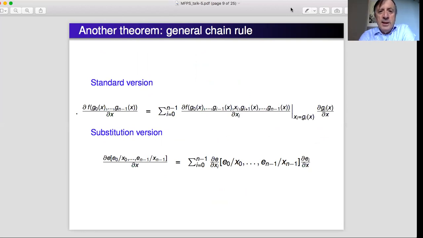You can rewrite the general chain rule in a substitution way, and I just wanted to put it in there because it's pretty. You say that dE with some substitution by dx is dE by dx for all the arguments that you're substituting for the xi, and you do the substitution on that, having done the differentiation, and then you multiply. So it almost says that substitution and differentiation commute.